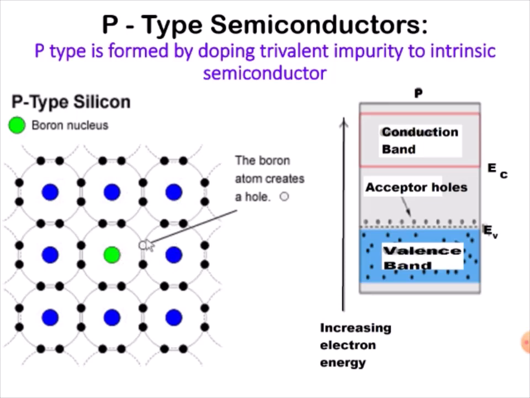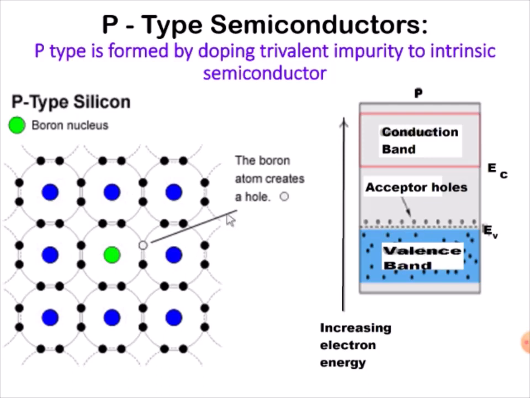After accepting one electron from somewhere else, this acceptor atom will get a negative charge, otherwise as a whole it is neutral, okay. So even though the number of holes is more than the number of electrons in the case of a p type semiconductor, as a whole the p type semiconductor is electrically neutral.